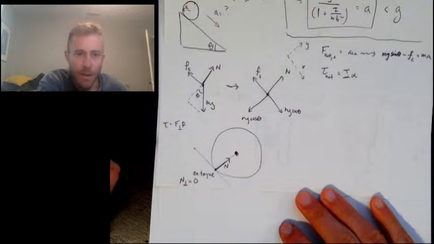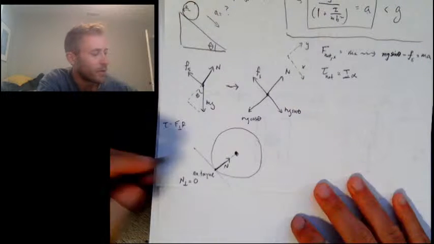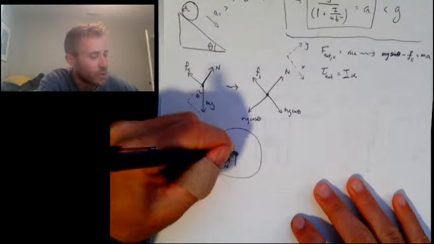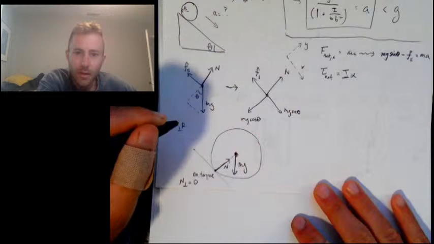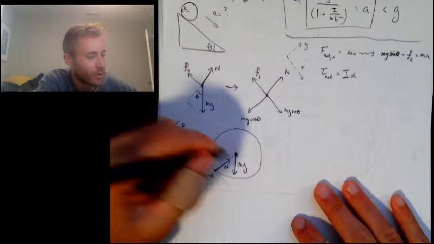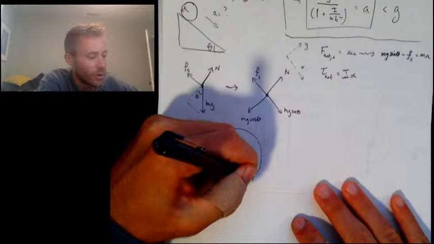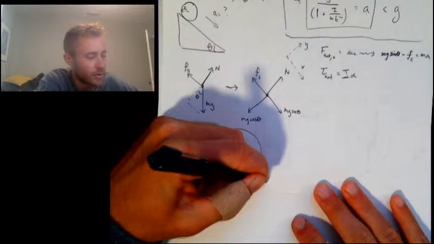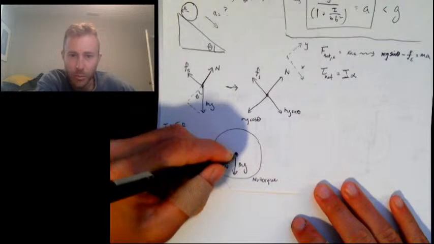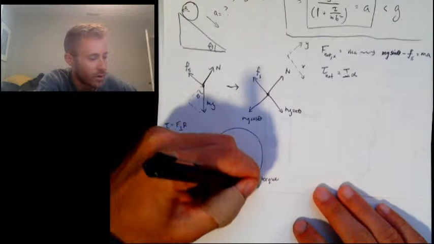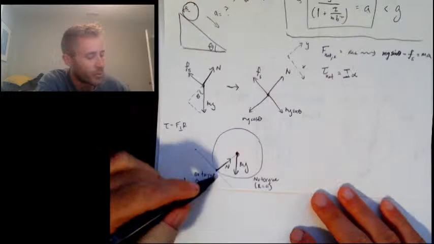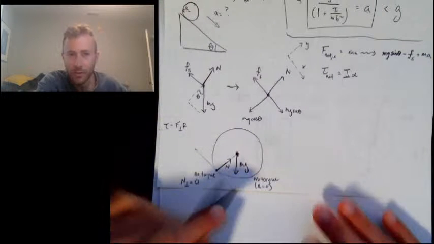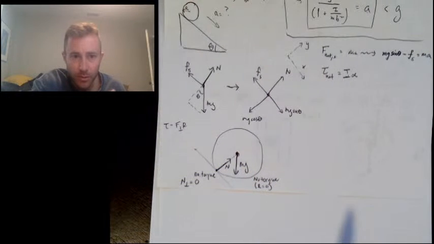Then we have the weight force, which acts through the center of mass. The weight force also exerts no torque because it is acting through the point of rotation, so it has r equal to 0. So both the normal force and the weight force provide no torque, but for different reasons.